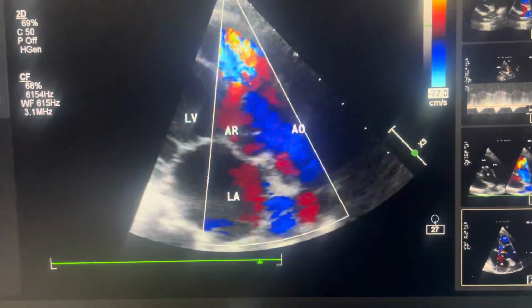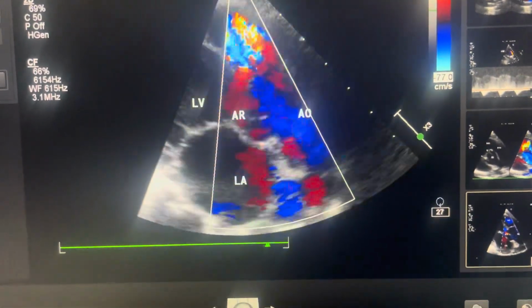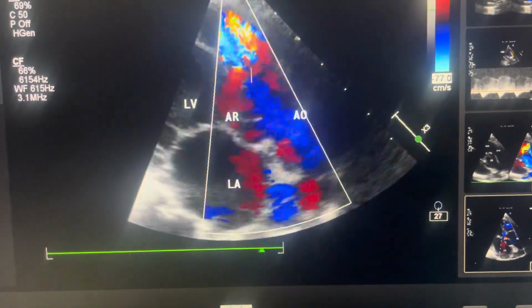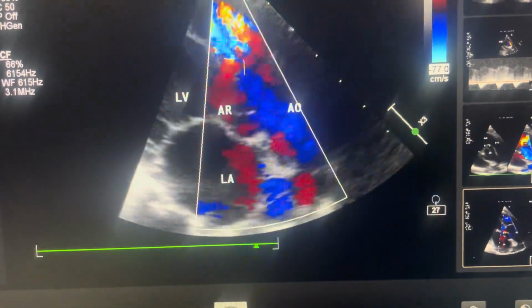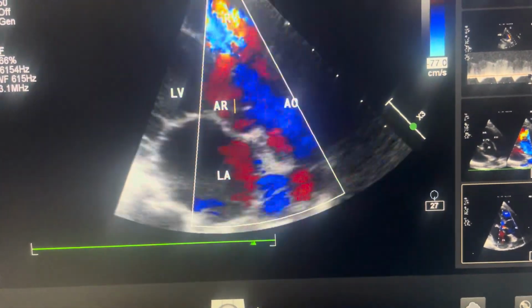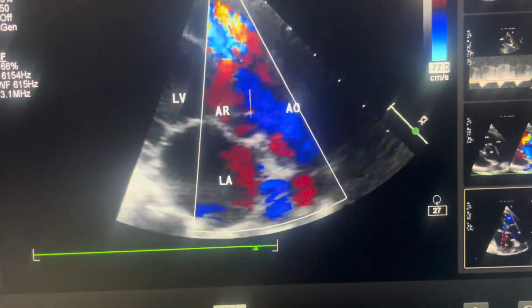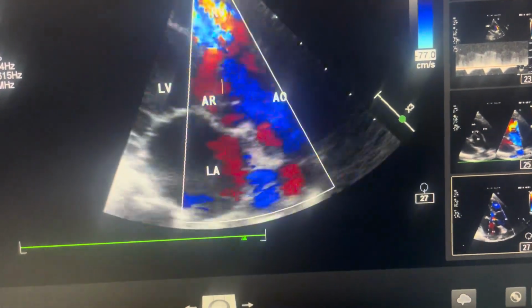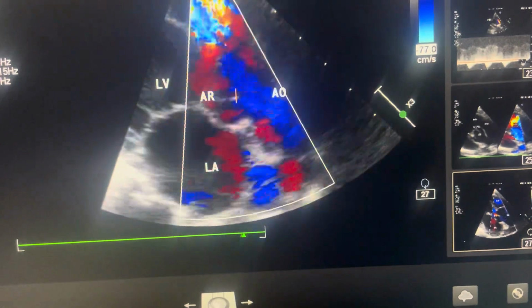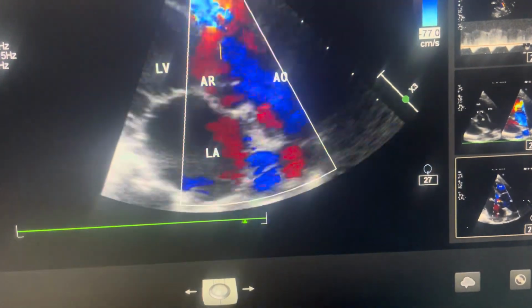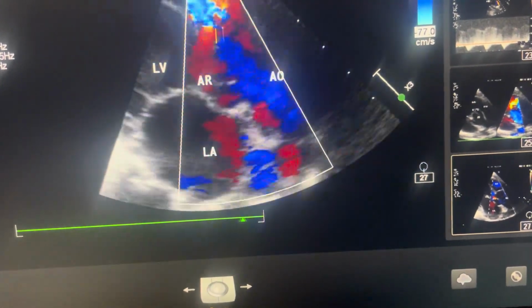In this case you see this is VSD just below the aorta. Here aortic regurgitation jet is also seen because of damage to the aortic valve. Why does damage happen? Because the VSD is a restrictive VSD.